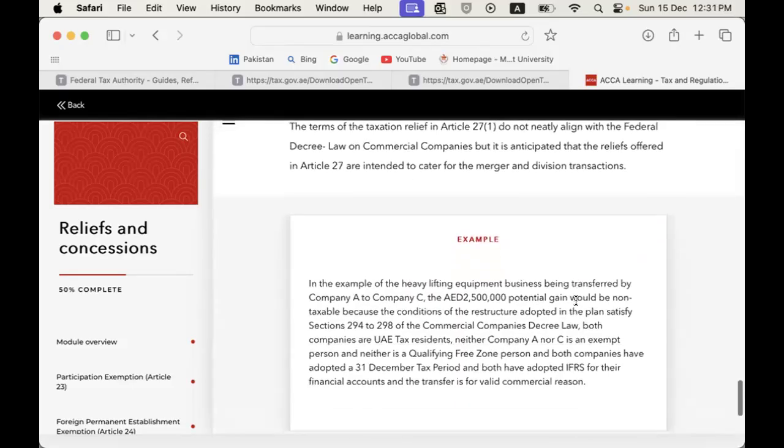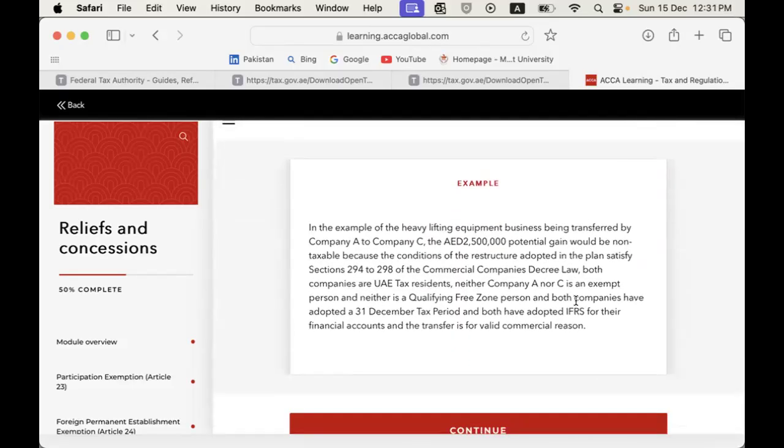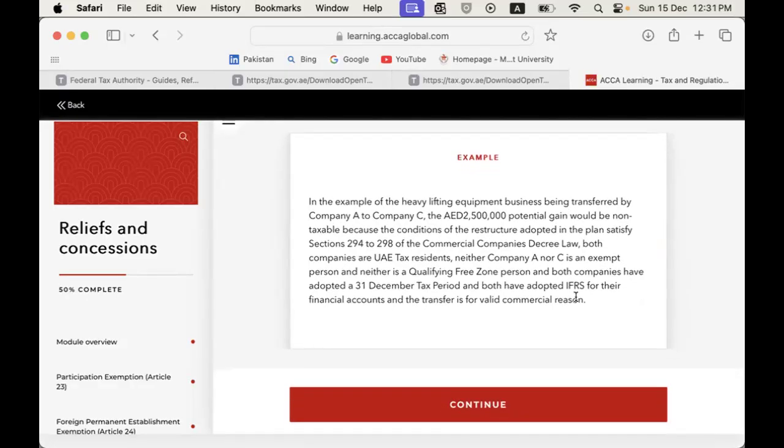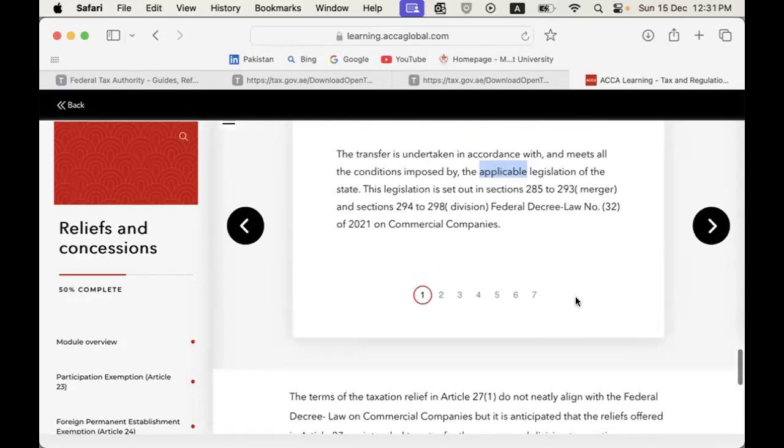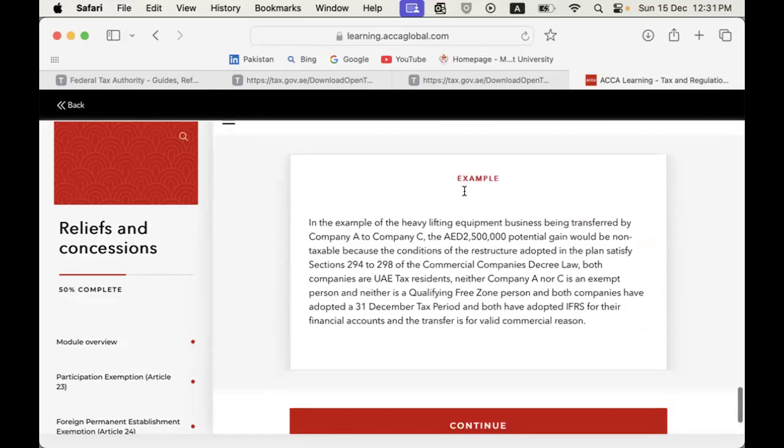I asked you on purpose just to keep your edges sharp, so that when you are in an actual situation in your practice areas, you should know that sometimes the UAE corporate tax decree law refers to outside legislation, other than the tax legislation. That's what I wanted you to look at.